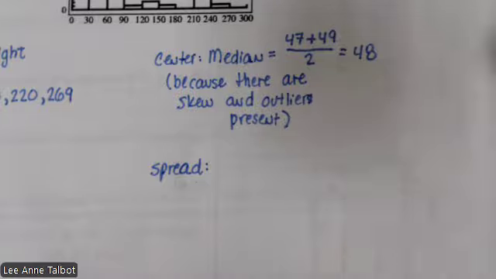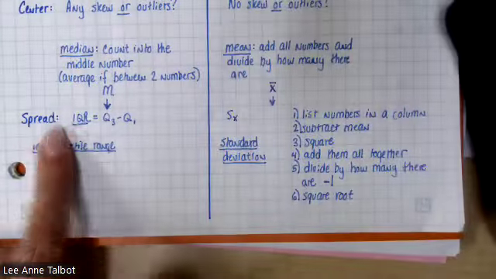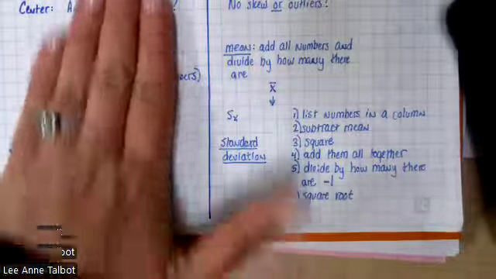Okay, now which measure of spread goes with the median? Okay, let me ask you again. Which measure of spread goes with the median? IQR. Okay, so because there's skew or outliers, I'm on this side of the notes. IQR.